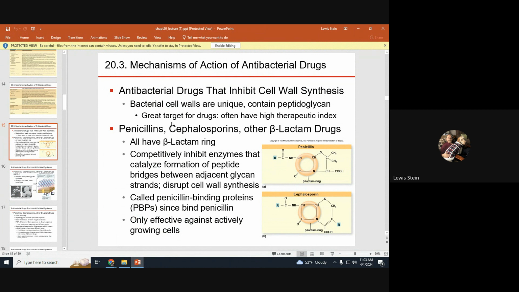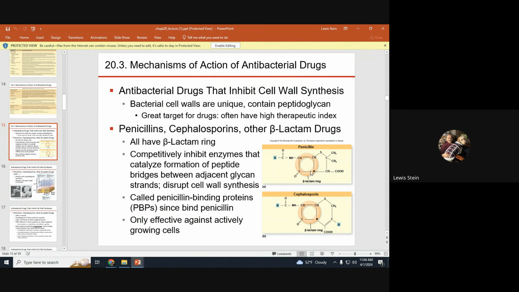And the biggest problem with both of these categories is allergies. Okay, they're from mold, and mold produces a lot of allergies. Their side effects, depending on how you've tinkered with them, are not necessarily as powerful. This is that ring. You don't have to memorize the structure.